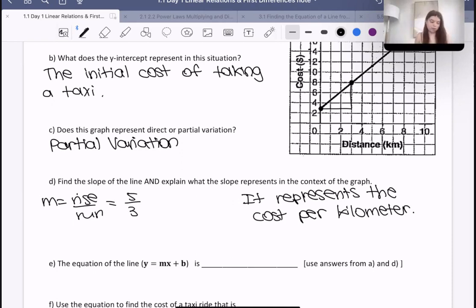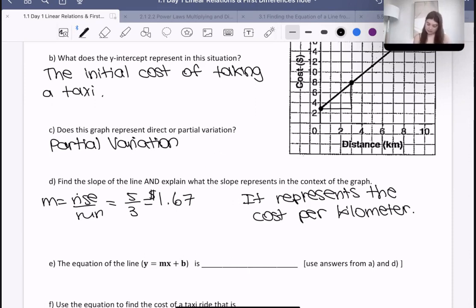So therefore, it costs 5 over 3, which is about $1.67 per kilometer, right? Originally it cost $3, but the slope's representing that every kilometer that this taxi driver drives, we must pay the taxi driver $1.67 for their labor and their costs of doing the driving.